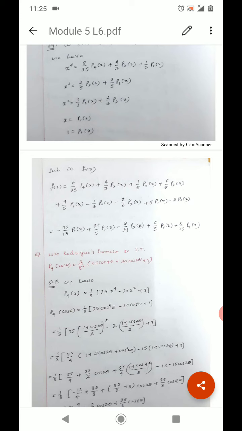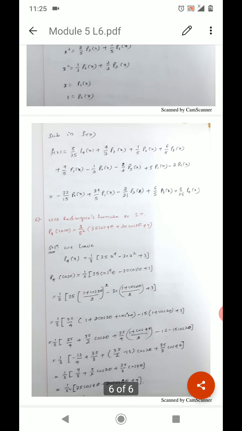So solving this, we get f of x is equal to minus 32 divided by 15 into P naught of x plus 34 divided by 5 into P1 of x minus 2 divided by 21 into P2 of x plus 6 divided by 5 into P3 of x plus 8 divided by 35 into P4 of x. So that is the result.